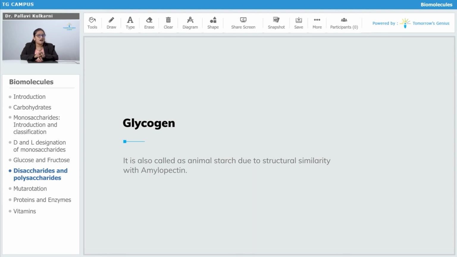Amylopectin is the component or substructure of starch. Therefore, glycogen is also called animal starch, as it is present in animals, and its structure resembles the structure of amylopectin, which is nothing but the component of starch. That is why it is called animal starch. Glycogen is usually found in yeast and fungi.